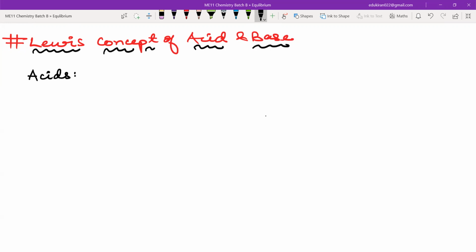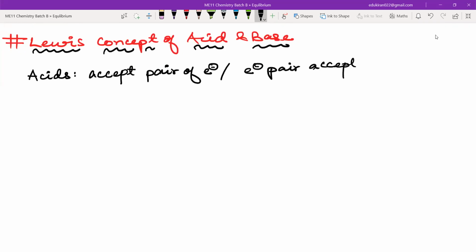what are acids? Acids, they accept pair of electron. Any substance that will accept pair of electron, that is going to be an acid. Okay, that means it is an electron pair acceptor. Electron pair acceptors are acids. And what are bases?